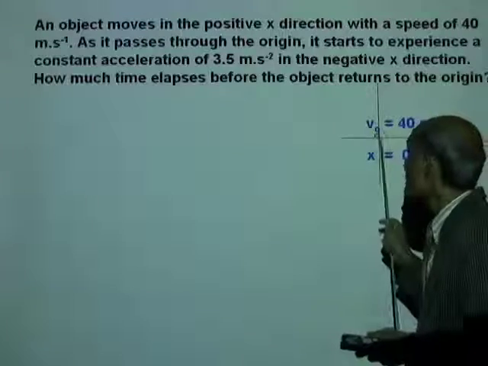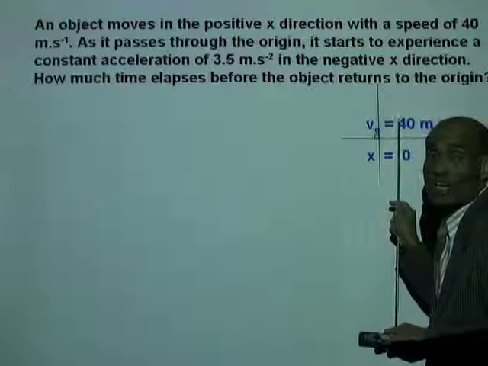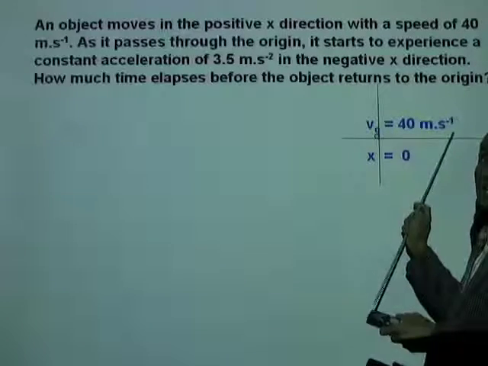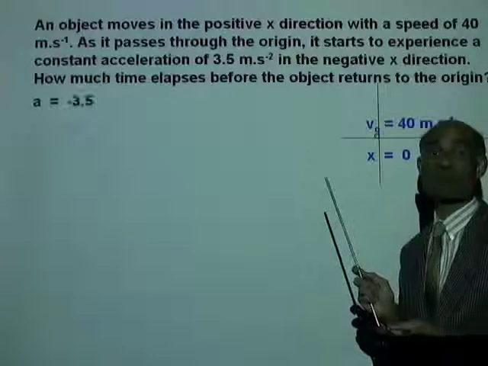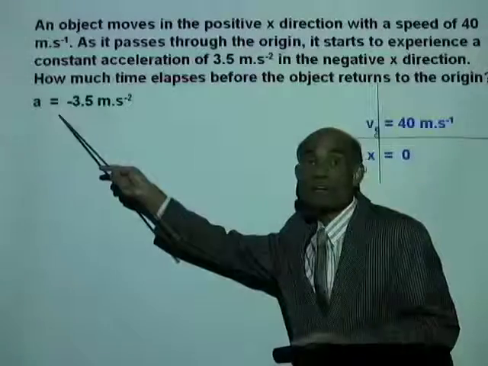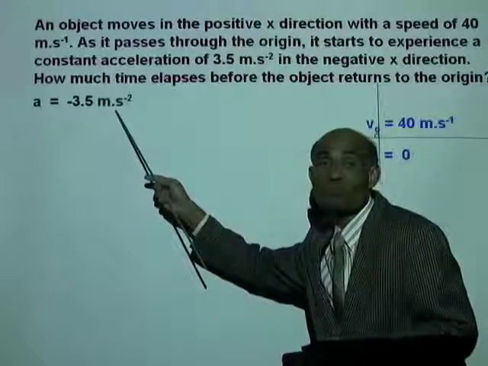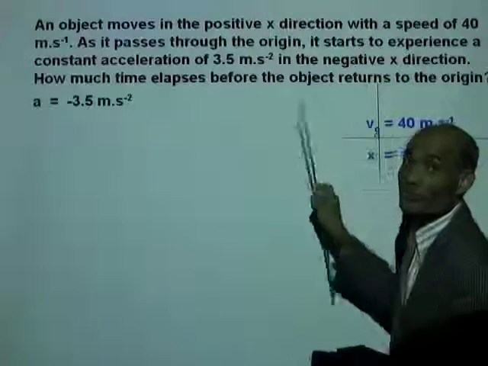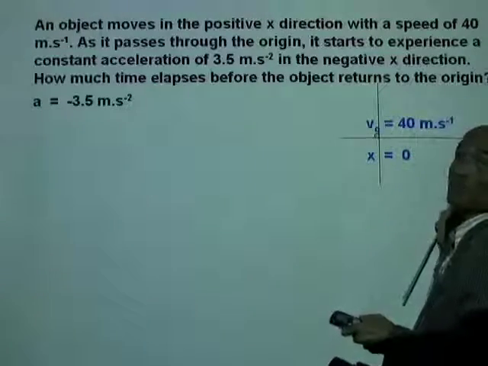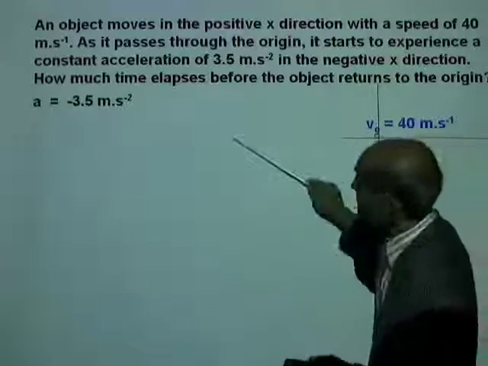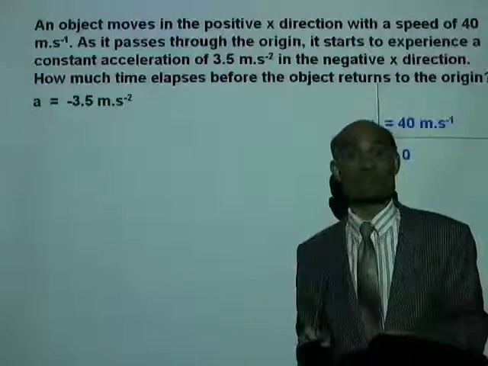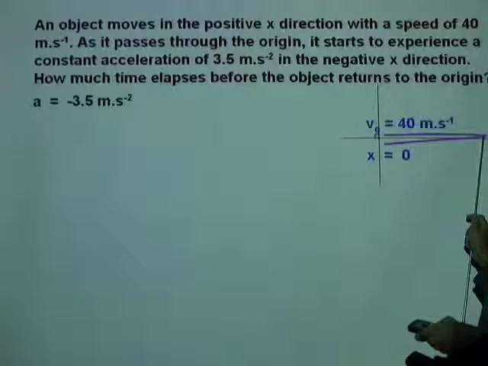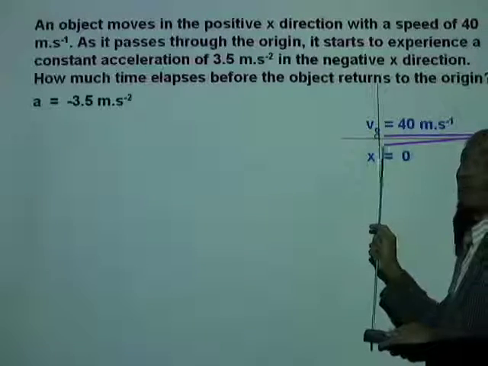When the object reaches the origin, it has a velocity of 40 meters per second directed in the positive x direction. And it has an acceleration of negative 3.5 meters per second squared directed opposite. You can see velocity is in the positive x direction, acceleration is in the negative x direction. Now, what does it do? It will go to the right to a point here, it will then come back.